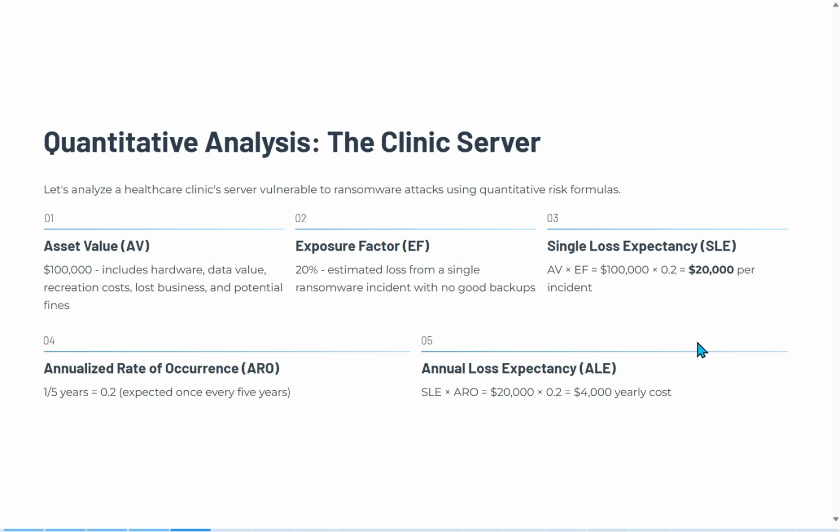Take for instance the healthcare asset is valued at 100,000 US dollars, including hardware, data value, reputation loss, business, and potential fine. So the exposure factor is 20%.